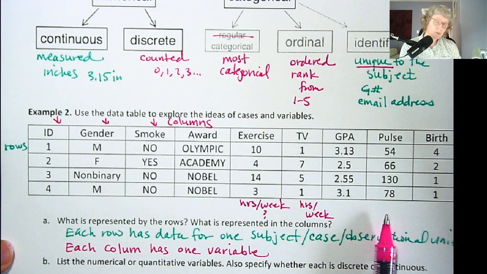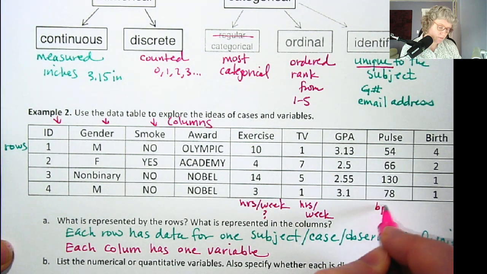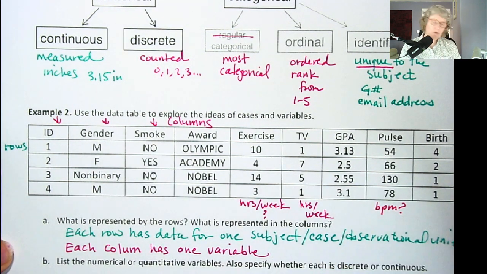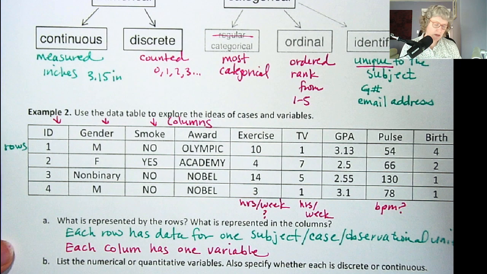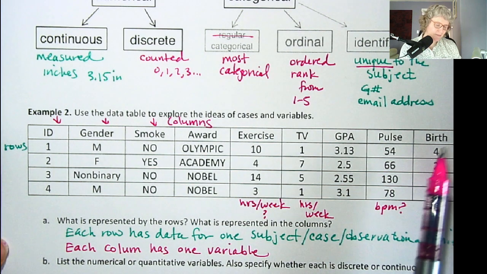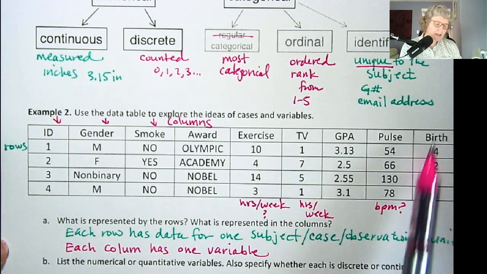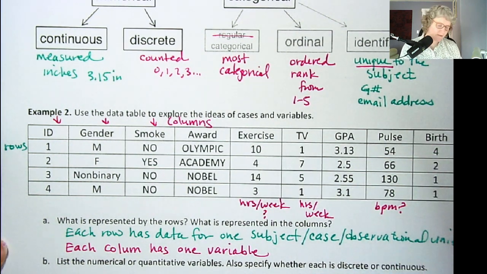Pulse, pulse rates, maybe is this beats per minute? I'm not sure. So I will always do my best to give you, except in this example today, give you the units so that you can add the units on your statistics. And then birth, I'm going to guess this is birth order.